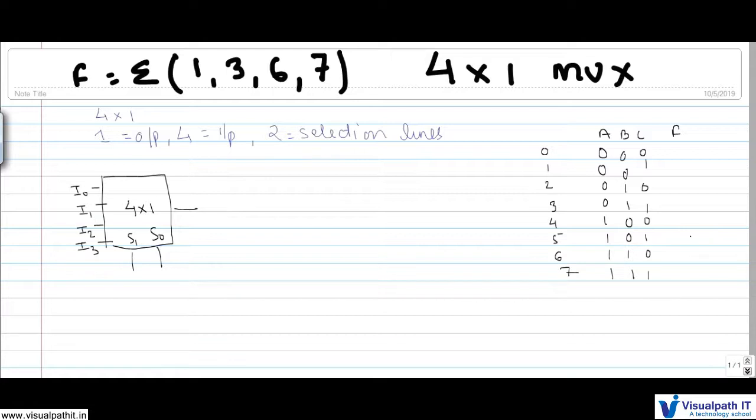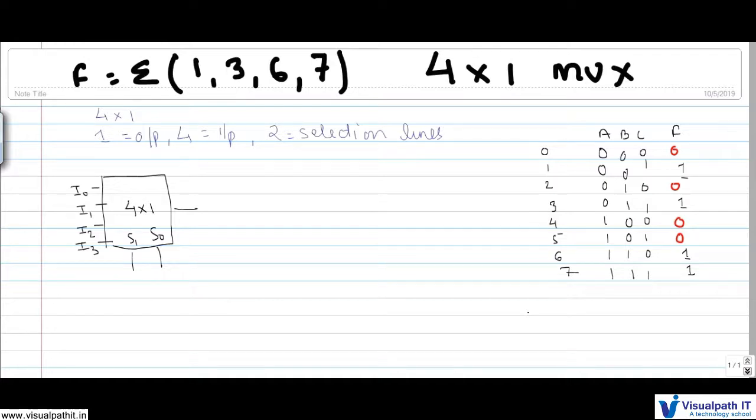So this is 1 for 1, 3, 6, 7, it is high, and for the rest of the values it is 0, right? So this is the truth table that we have drawn.